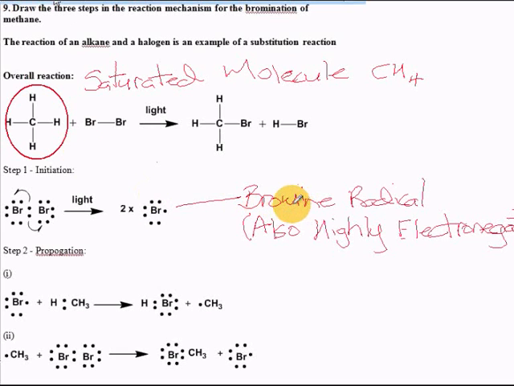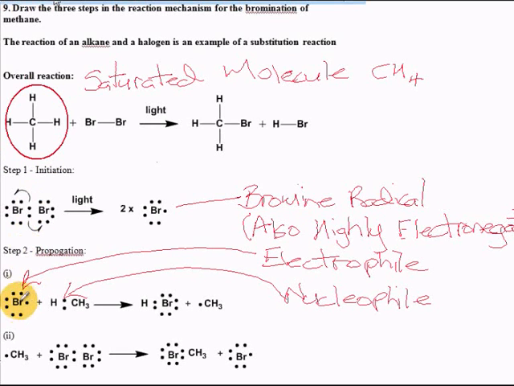Given that it's a bromine radical, it's also highly electronegative, so it has a strong ability to draw electrons. This also means it satisfies another term, electrophile. In other words, it wants to gain an electron, so it's called an electrophile.